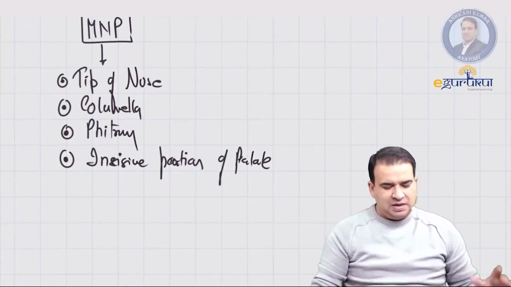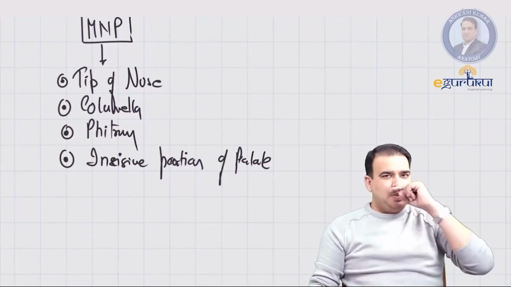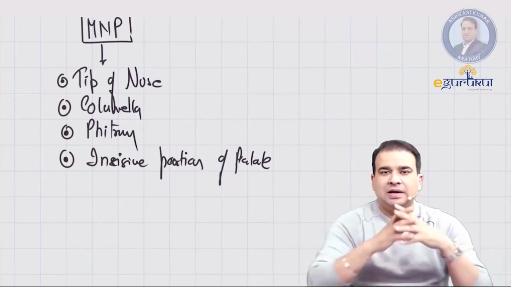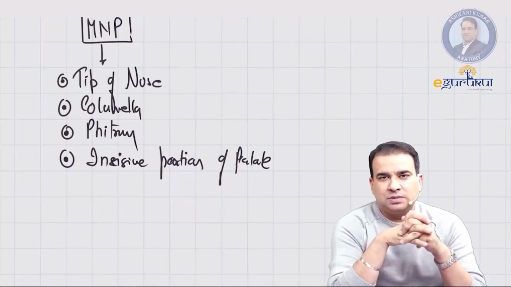They are all derived from the medial nasal process. The tip of the nose, the columella, the philtrum, and we just said that the incisive portion of the palate is also derived from the medial nasal process.